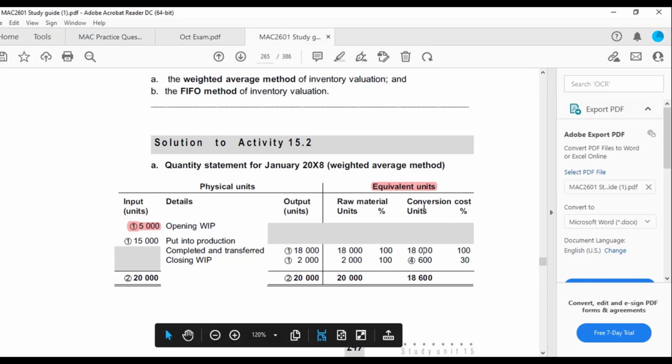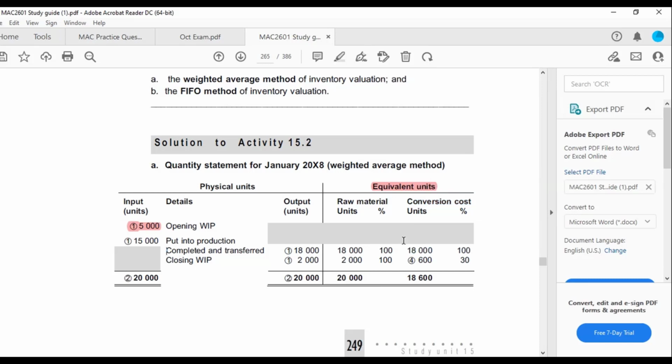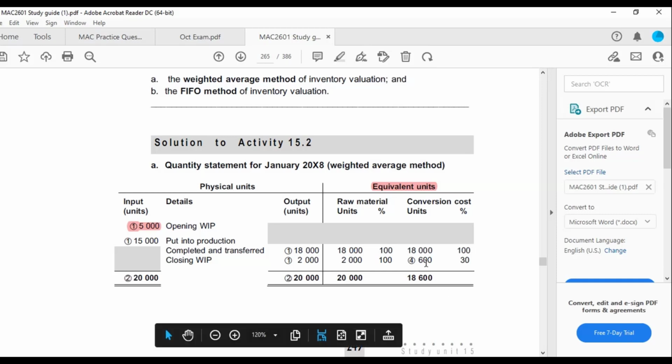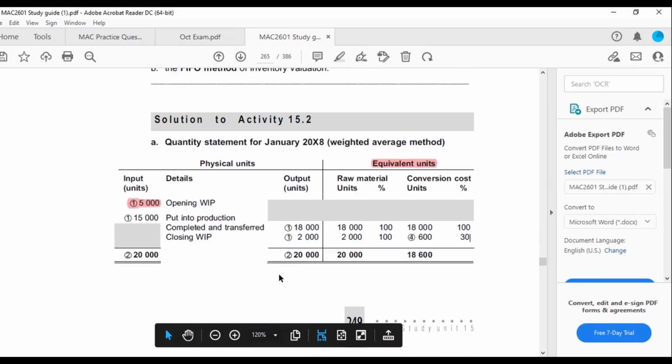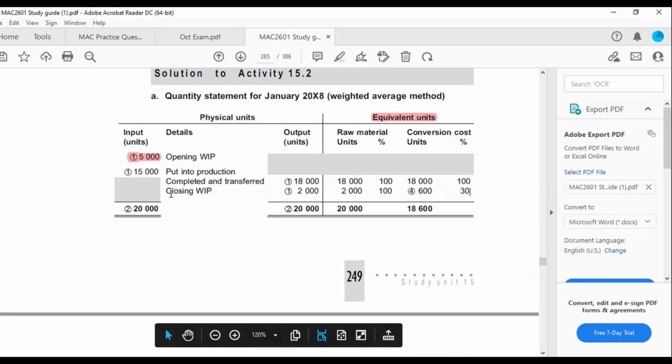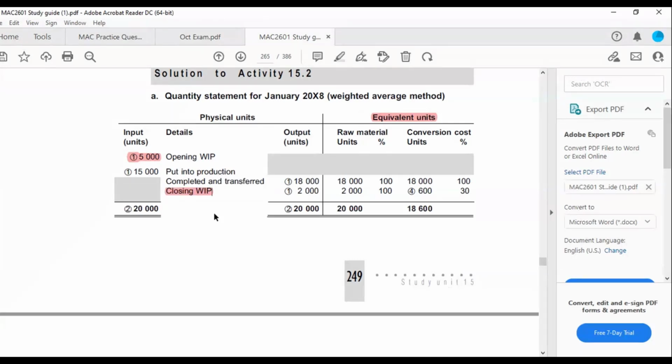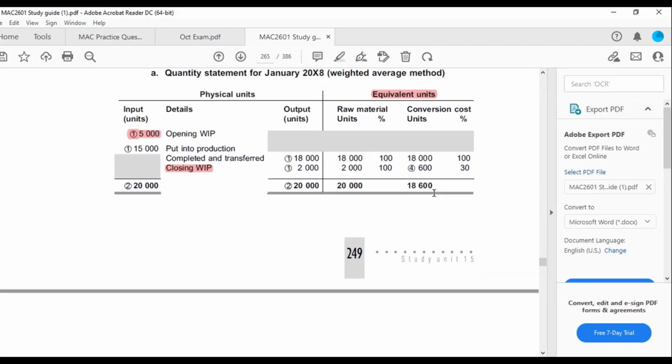But when it comes to conversion, the 18,000 that was completed is at 100%, both material and conversion, but they recognize the 30% of that closing. Because remember, we said that your inventory valuation method doesn't affect your closing WIP. So you will show that percentage when it comes to the conversion cost. Any questions so far?